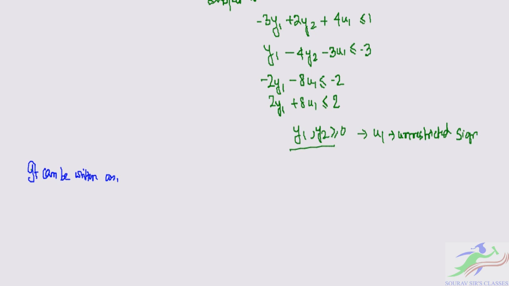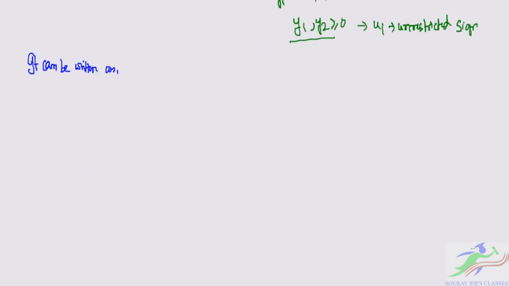You have to answer in this manner in the exam actually. So maximize as many points as you can. So that is maximum of z, it will be minus 7y1 plus 12y2 plus 10u1.